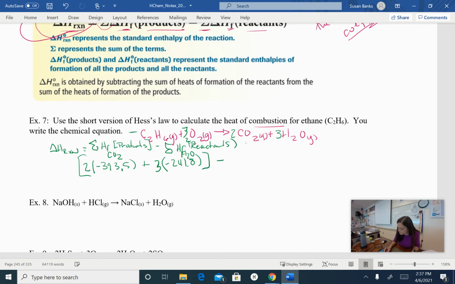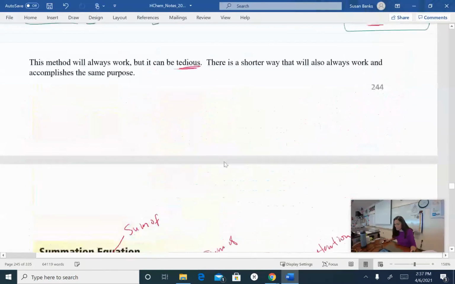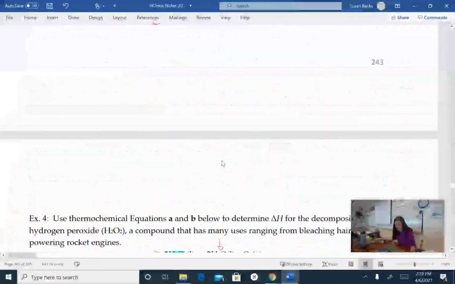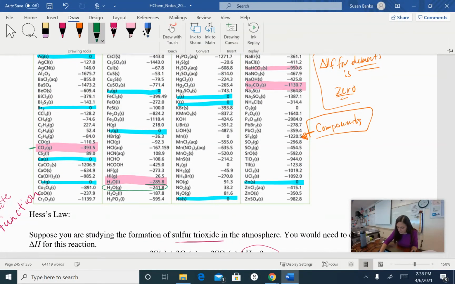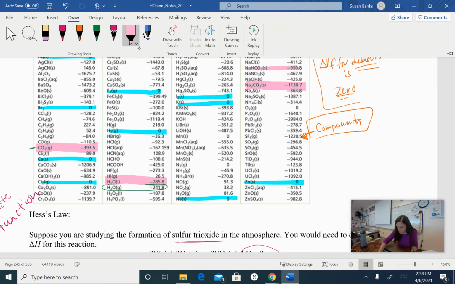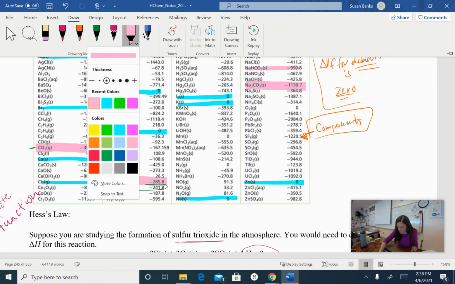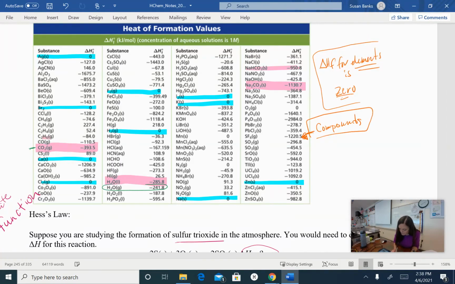And then I'm going to subtract my reactants. And I've got one ethane. So let's look for ethane, C2H6. Let's find that. C2H6, did you guys find it?